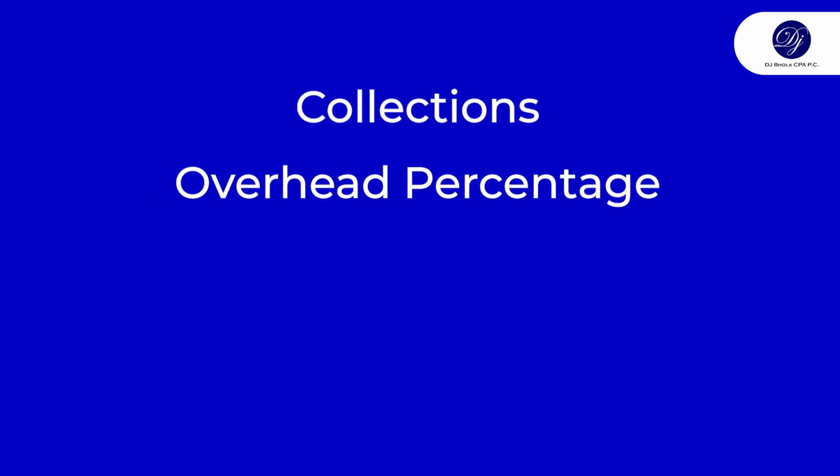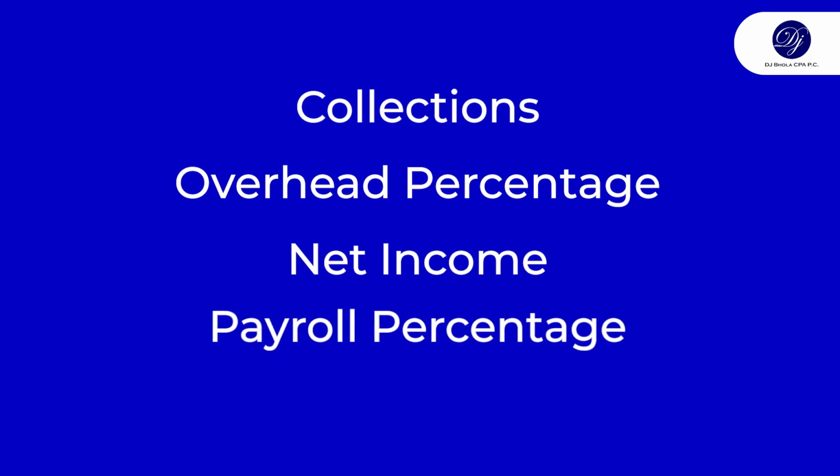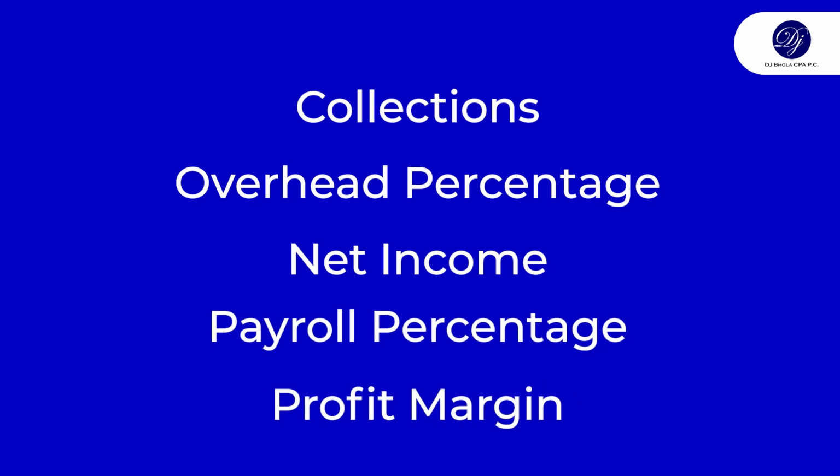When comparing locations correctly, you should look at collections, overhead percentage, net income, payroll percentage, and profit margin, not just the top line collection. Before you compare profitability, reporting must be standardized.